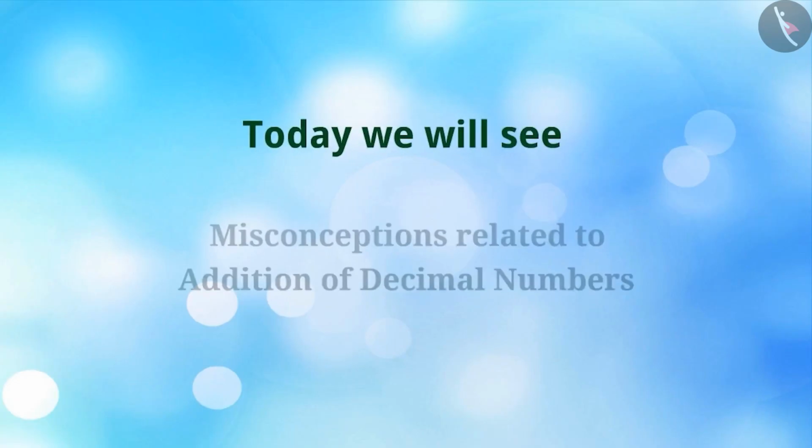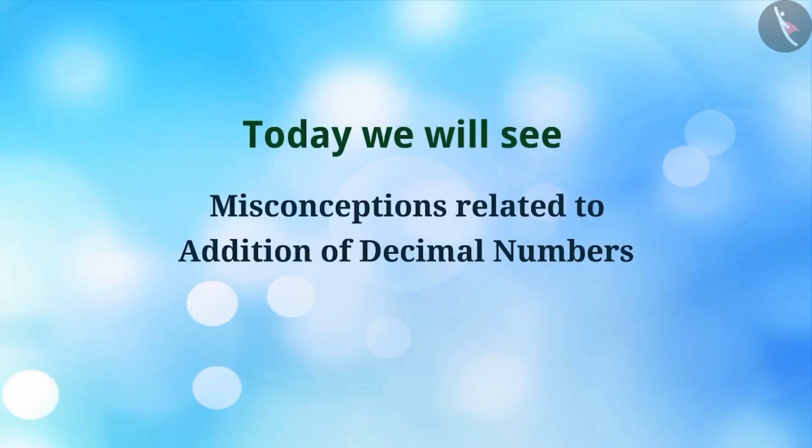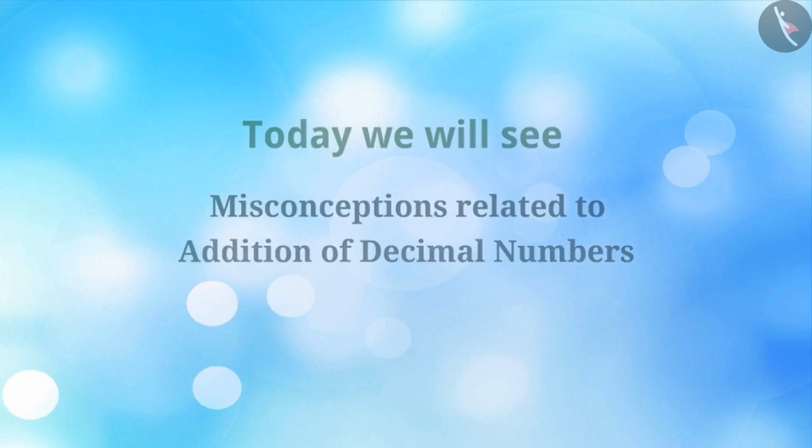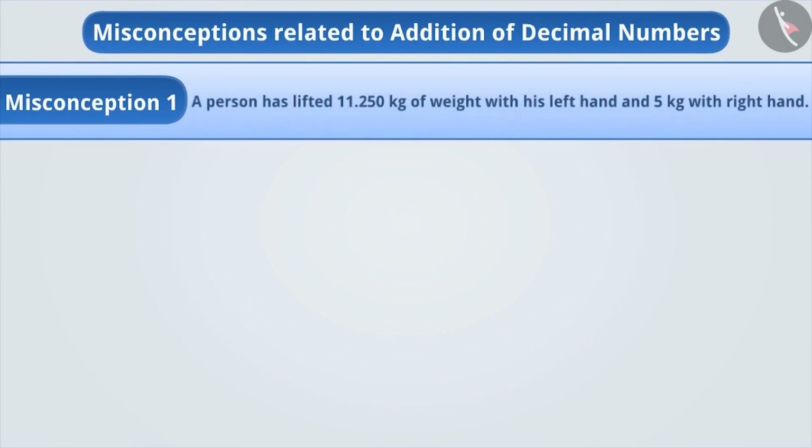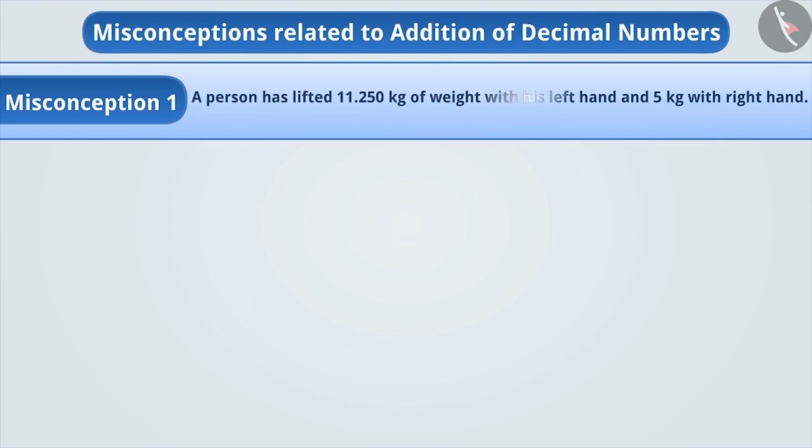Today, we will clear the misconceptions related to addition of decimal numbers. Misconception 1. A person has lifted 11.250 kg of weight in his left hand and 5 kg with his right hand. Find the total weight lifted by the person.